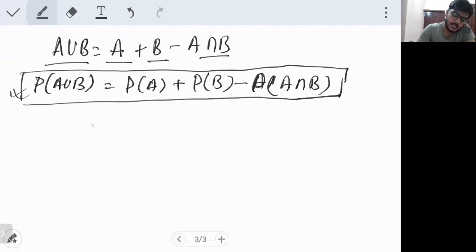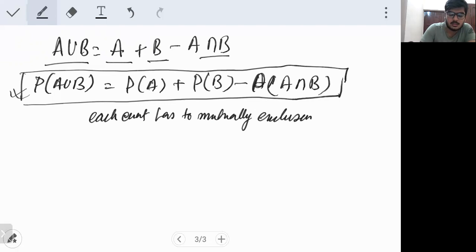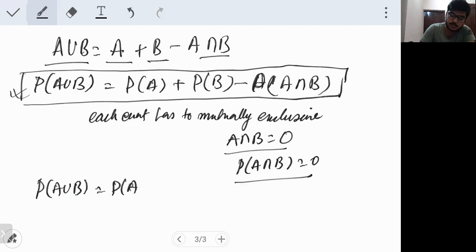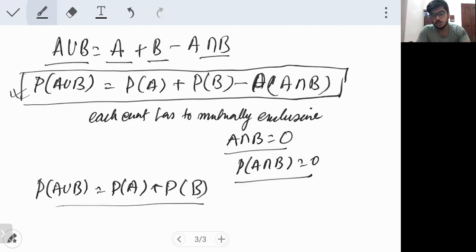We said that each event has to be mutually exclusive, right? So if it is mutually exclusive, that means A intersection B will be equal to 0. Now the probability of that event will also be equal to 0. Hence the probability of A union B will be equal to probability of A plus probability of B. This we take for two mutually exclusive events.